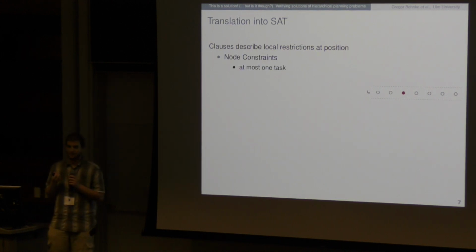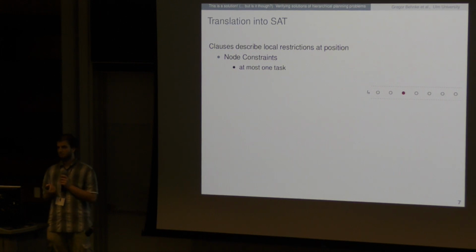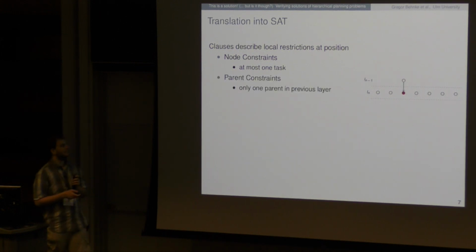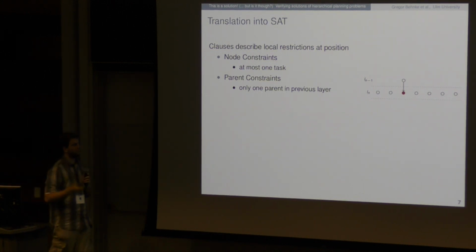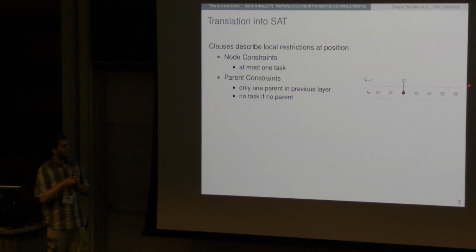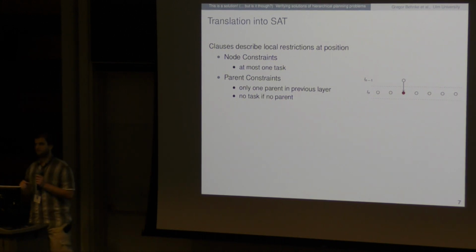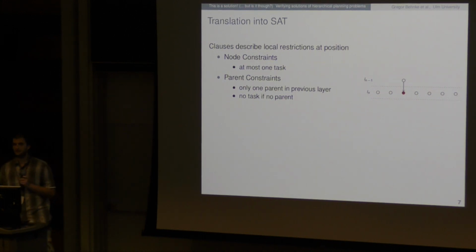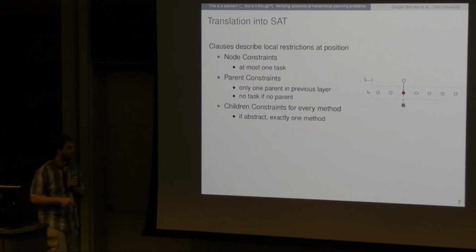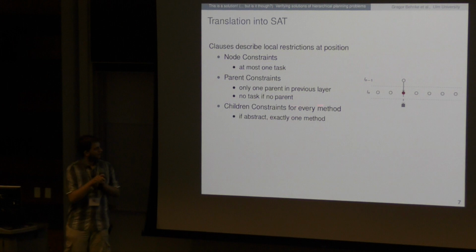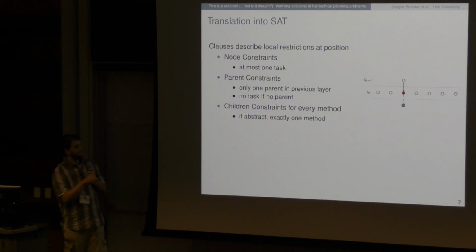Well, there can be at most one task at that position, not 2. It can only have one parent in the previous layer because it's a tree and not a DAG or something. It cannot contain a task if it does not have a parent, meaning I cannot just invent new tasks and start a second tree. And the most complicated part are actually its children.